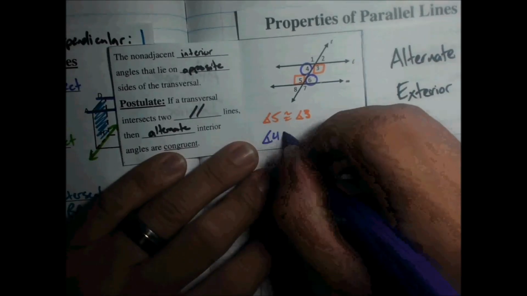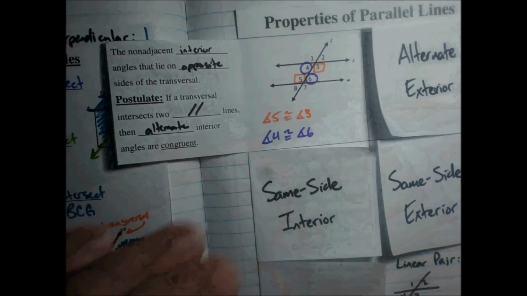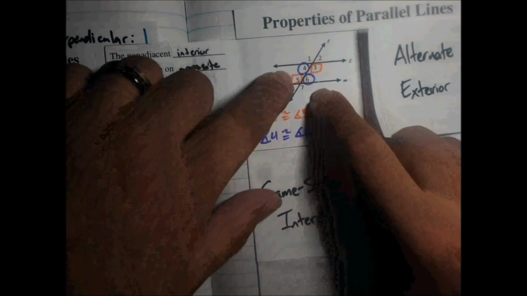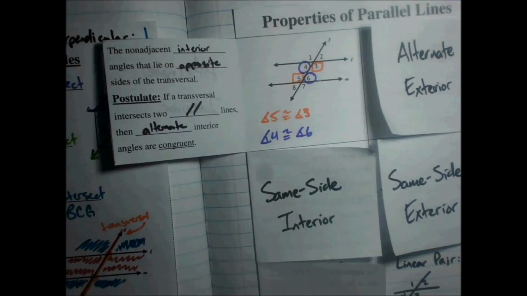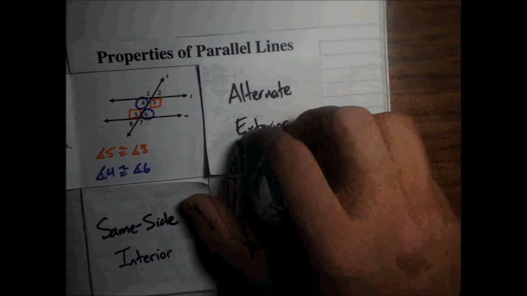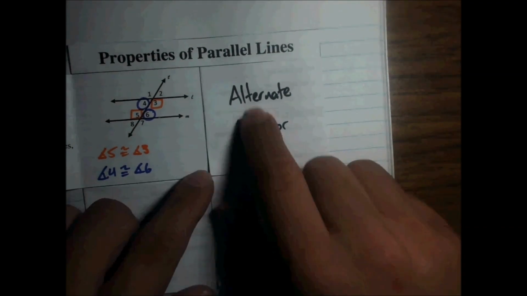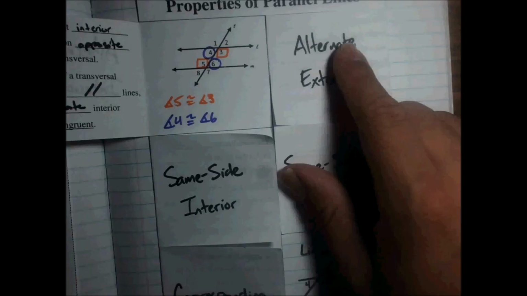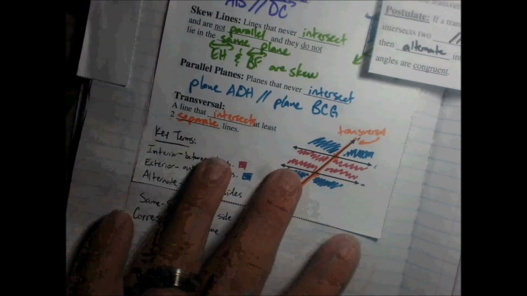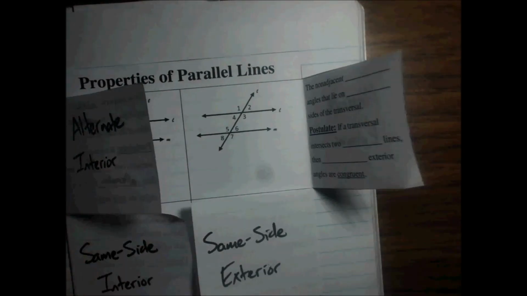All right. Alternate exterior. Still opposite sides, but now on the outside. You can look at our key for what I mean by inside, outside, and all this stuff. So again, this is helpful too, just as a reminder. Alternate exterior looks almost exactly the same, except now it says non-adjacent exterior angles at opposite sides of the transversal.